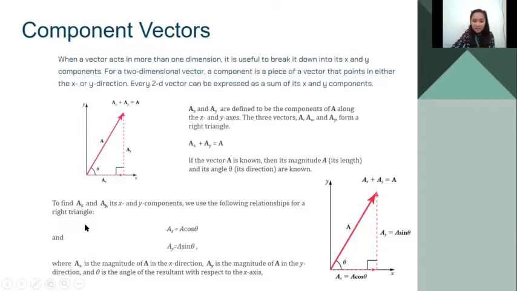To find Ax and Ay, its x and y components, we use the following relationships for a right triangle. Take note, this is for a right triangle. Ax, or your x component for A, is equivalent to A cosine theta, and Ay is equivalent to A sine theta. Always remember this relationship, as it will be useful in our solving.